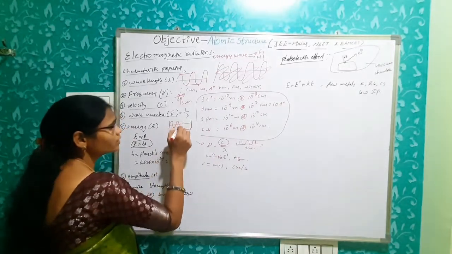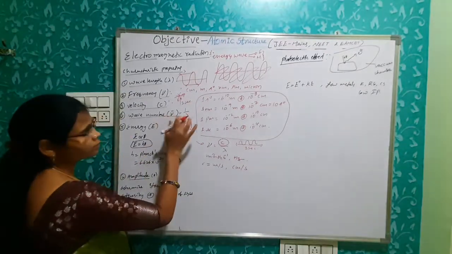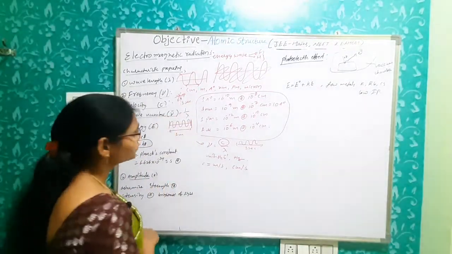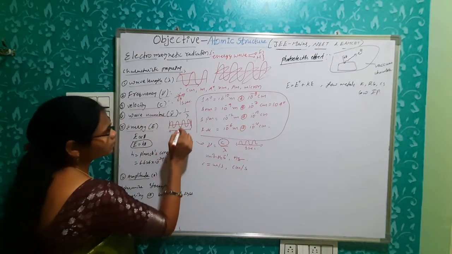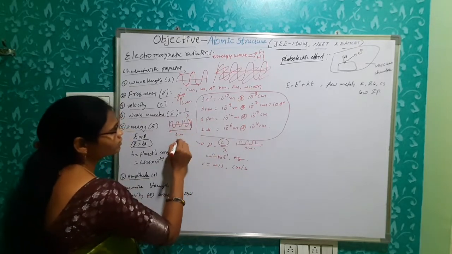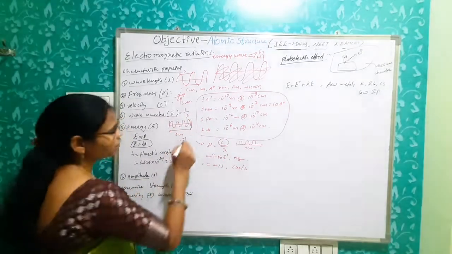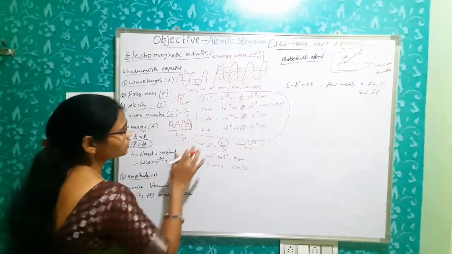How many waves are present in 1 meter length? That is wave number. So that is simply the reciprocal of wavelength. Okay. Next, the wave number units. So 1 by lambda, with lambda in meter or centimeters, means the units are centimeter inverse, meter inverse, angstrom inverse, nanometer inverse. These are units.